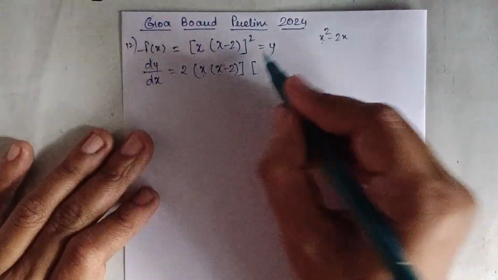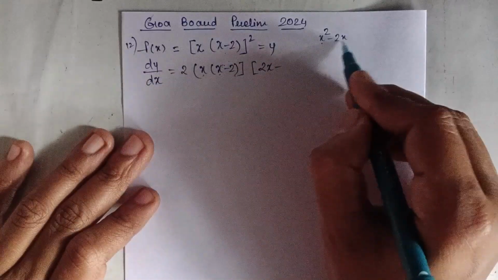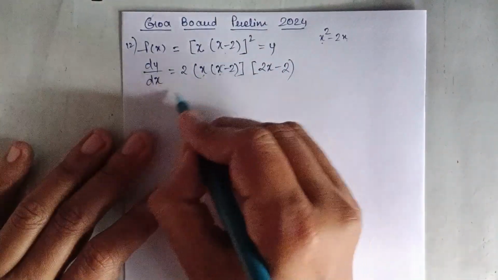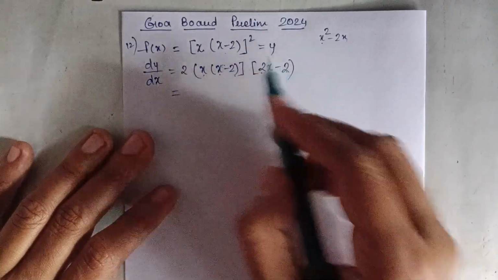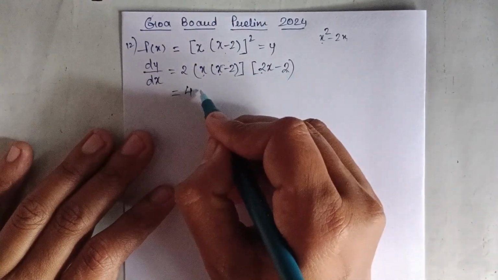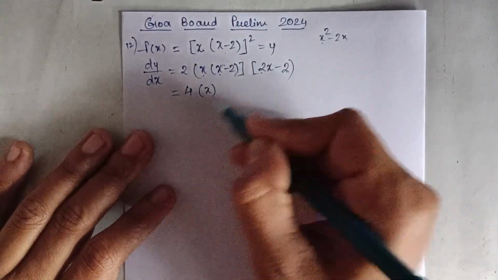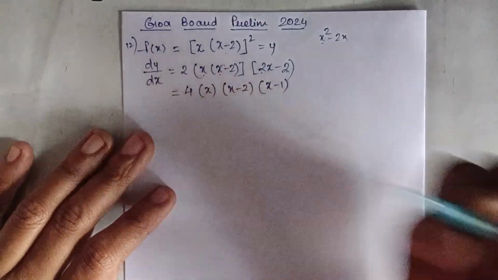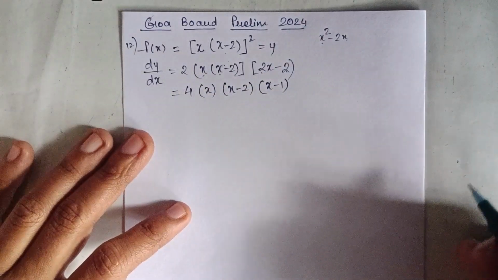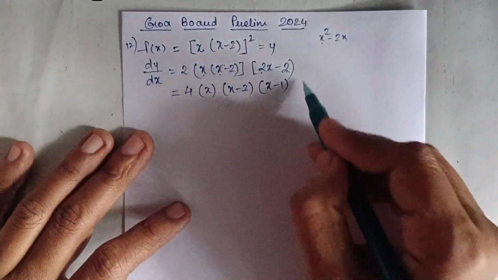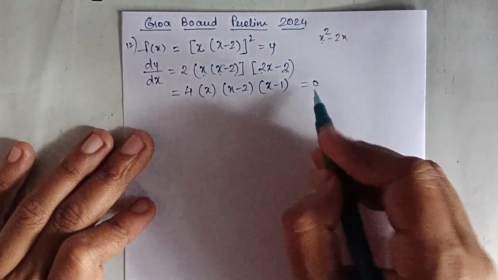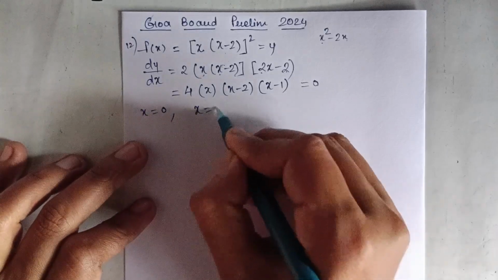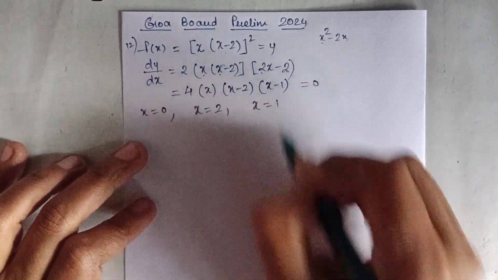So derivative of x square is 2x and derivative of minus 2x is minus 2. So you can take 2 common. So it will be 4 into x minus 2 into x minus 1. So dy by dx equal to 0, you will get the values of x. x is equal to 0, x is equal to 2 and x is equal to 1.